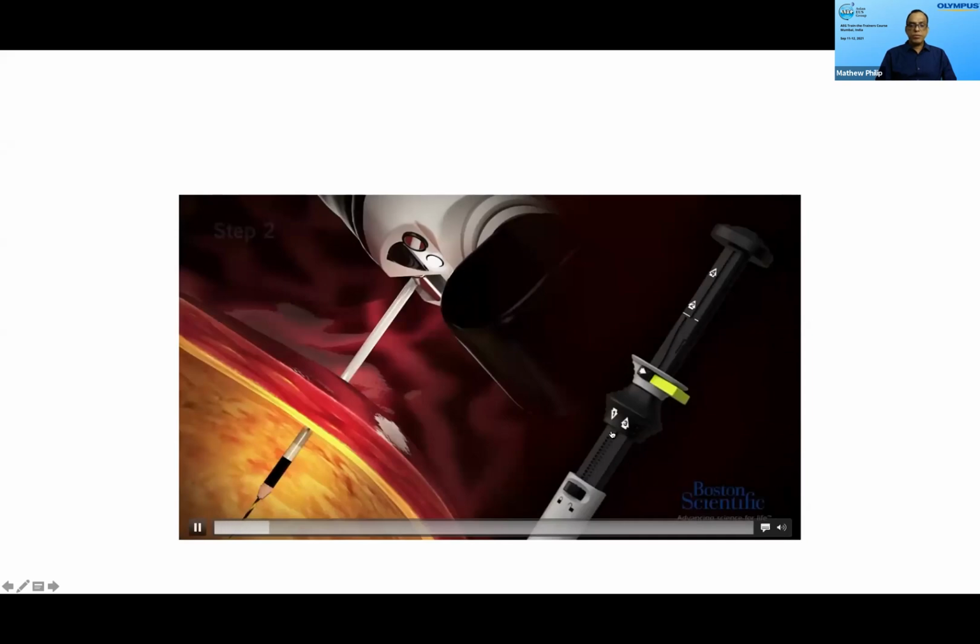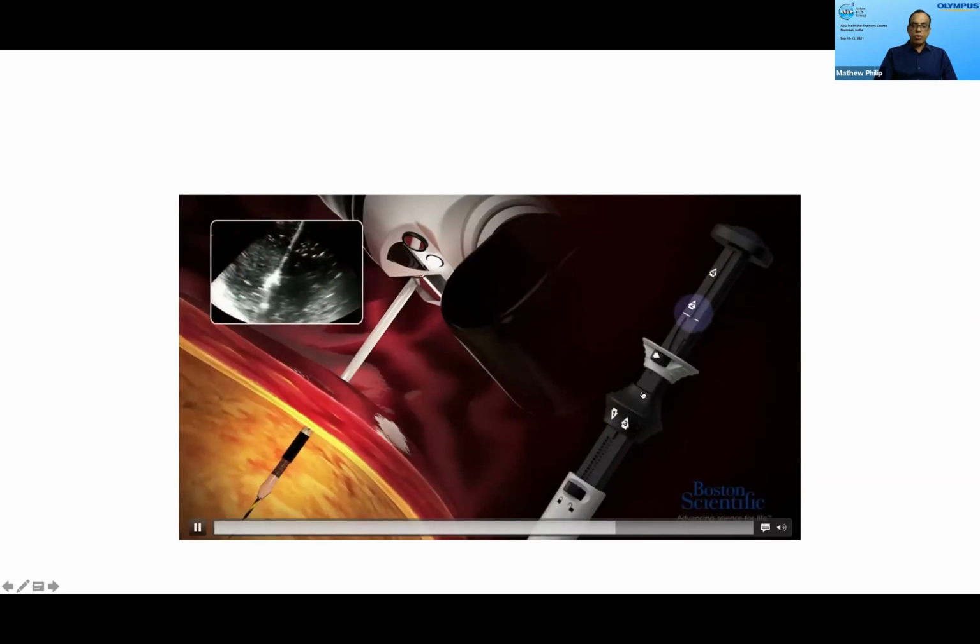Next, the second step is you remove the safety button, then move towards to open it up, pull the handle, so it is actually opened up there.